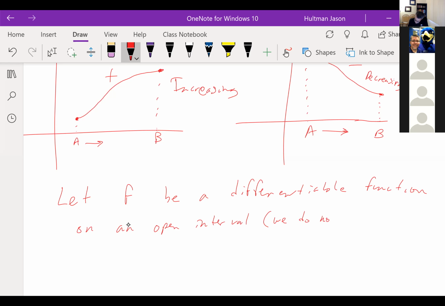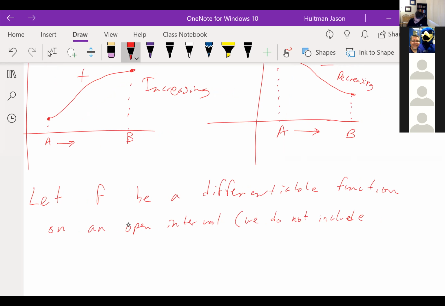Okay, on an open interval I, call it I for interval.